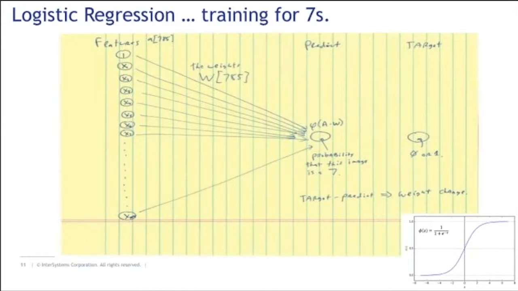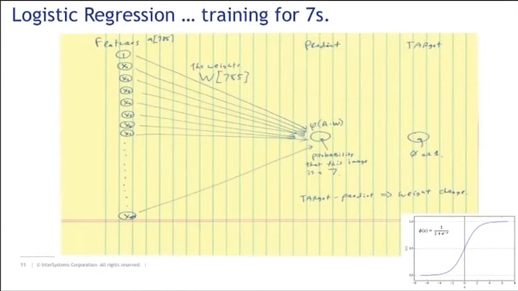And then you get either a really positive answer, 0, or a really negative answer. And there's a squashing function, which is called the sigmoid function, that basically turns it into somewhere between 0 and 1.